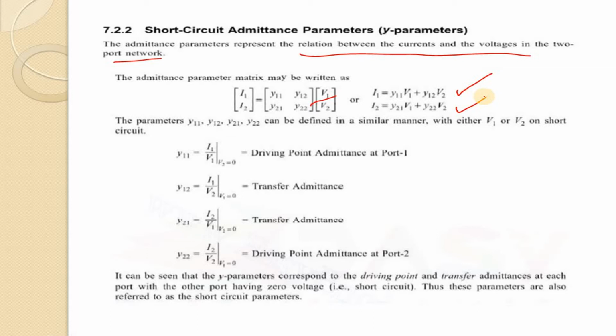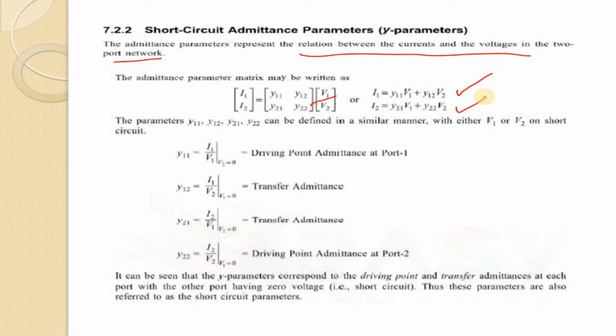Along similar lines to the Z parameter calculation, we will calculate the Y parameters Y11, Y12, Y21 and Y22. We have to do the same calculations as for Z parameters.